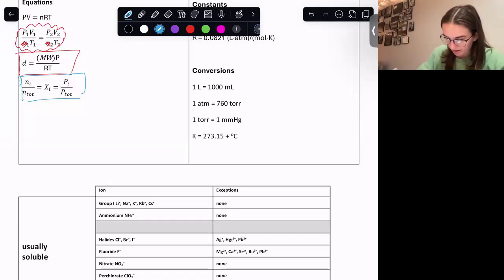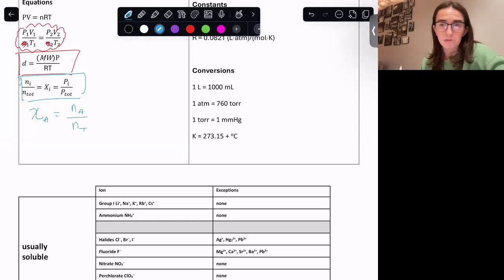So the mole fraction of gas A is equal to the number of moles of A divided by the total number of moles in our system. If we have 3 moles of oxygen and 2 moles of hydrogen, then we have 5 total moles and 3 moles are oxygen.